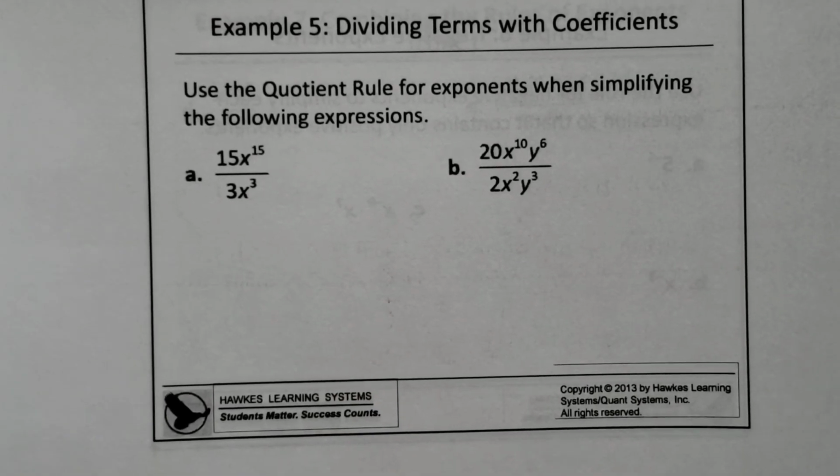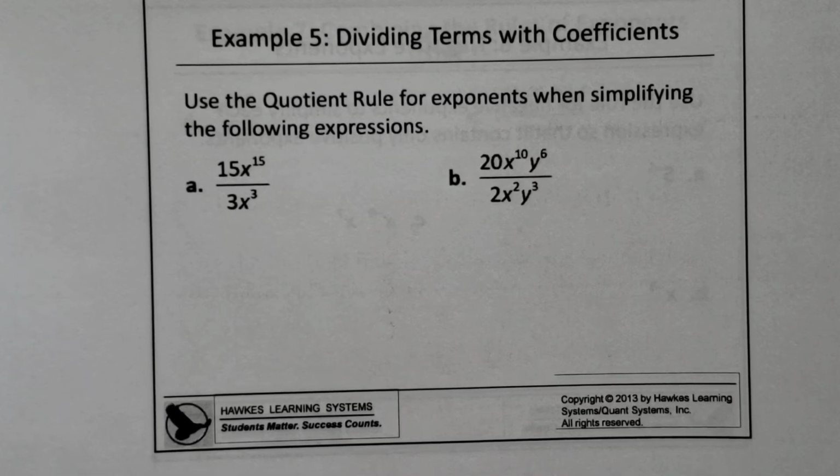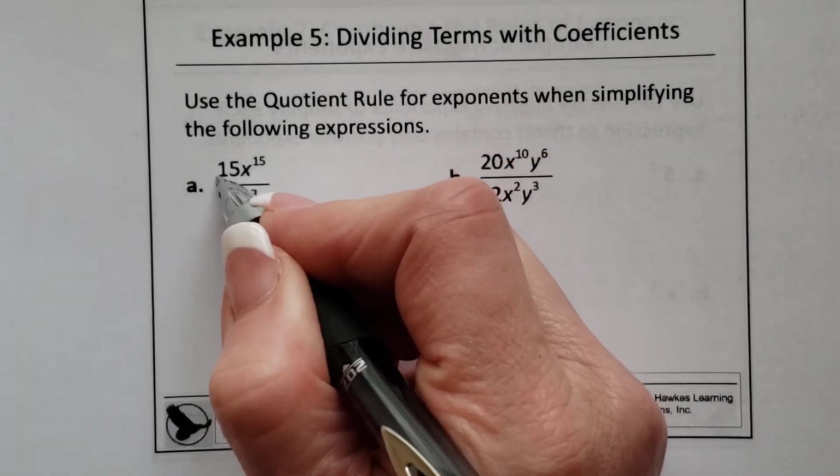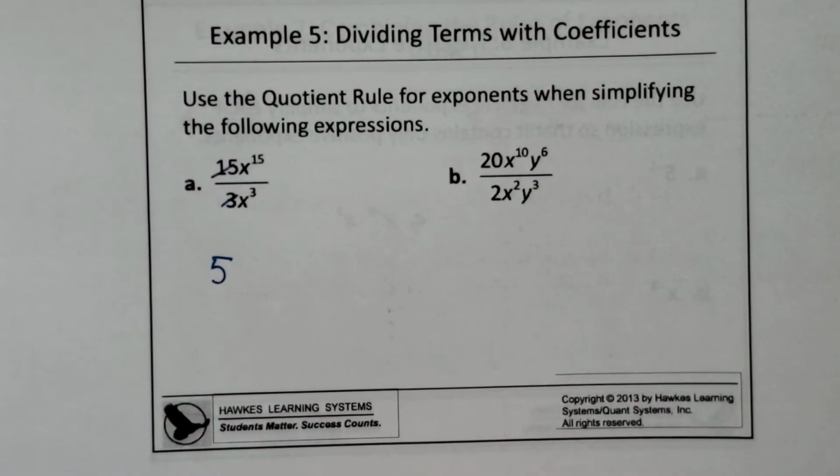All right, so then, of course, they have to get a little bit more complicated. So letter A, on example 5, we have 2 coefficients of 15 and 3. So we can literally divide 15 by 3. So even if that was just a fraction by itself, 15 over 3 simplifies to 5. Divide them both by 3, I get 5 in the numerator.